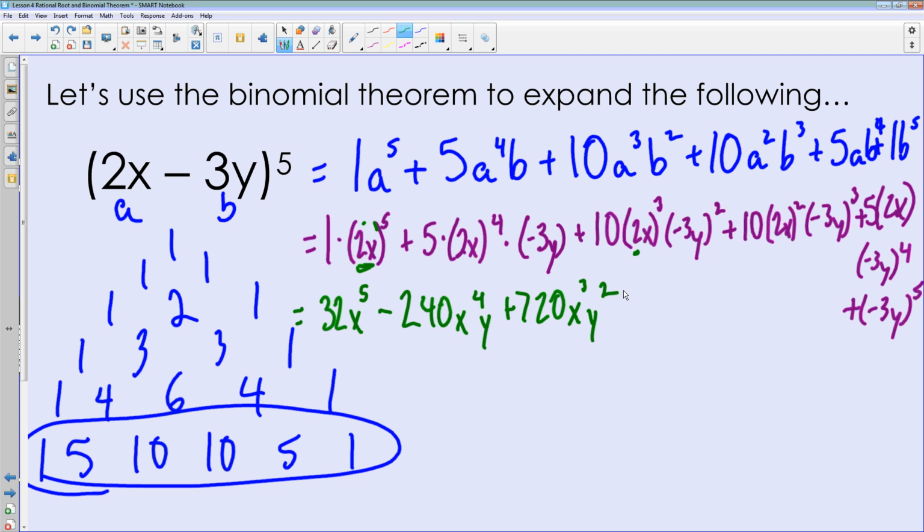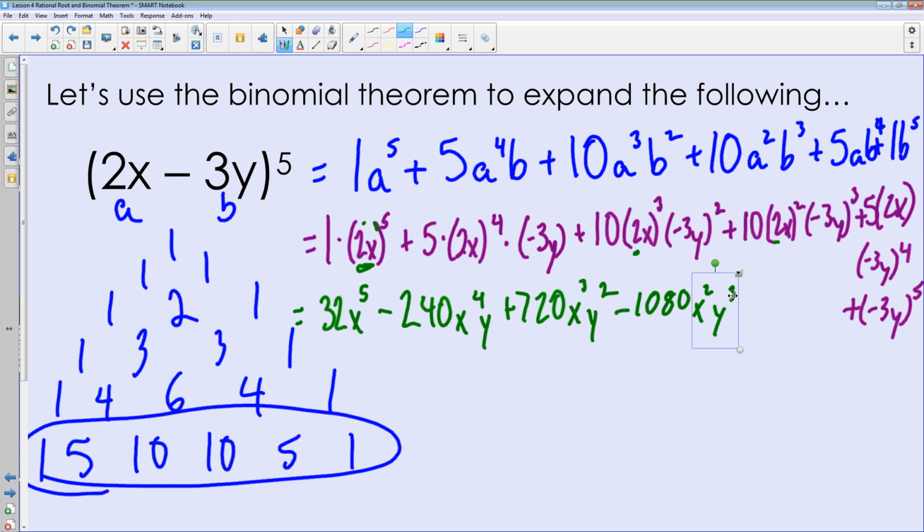All right, the next one. 2 squared is 4, and negative 3 cubed is negative 27. So negative 27 times 4 is negative 108 times 10 is negative 1080. And that's going to be x squared y cubed.